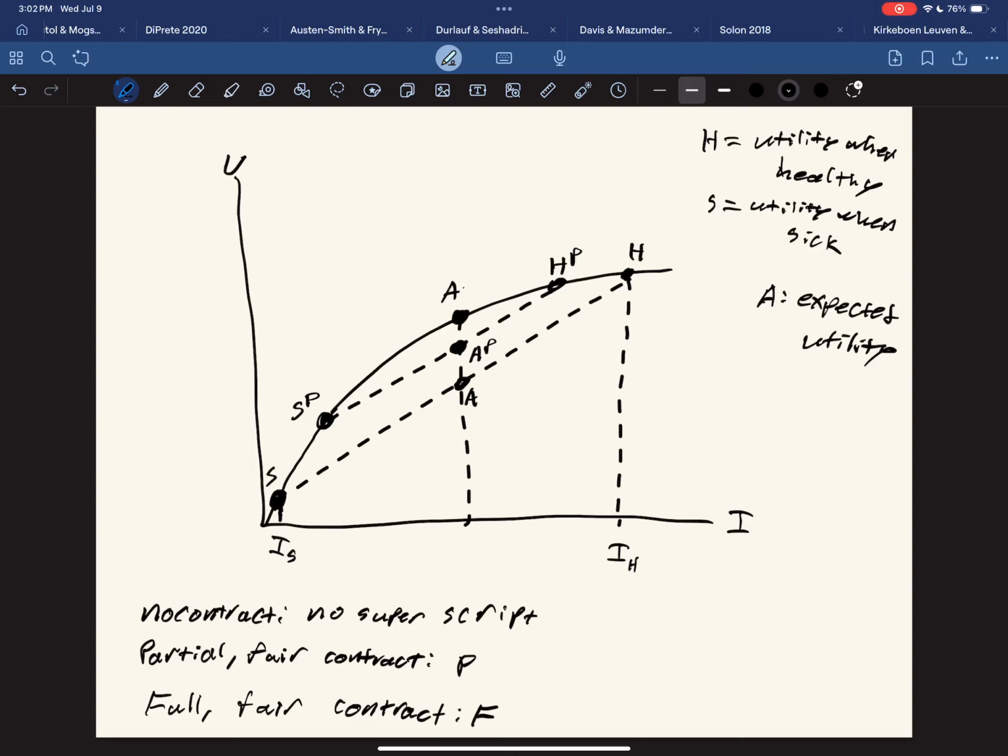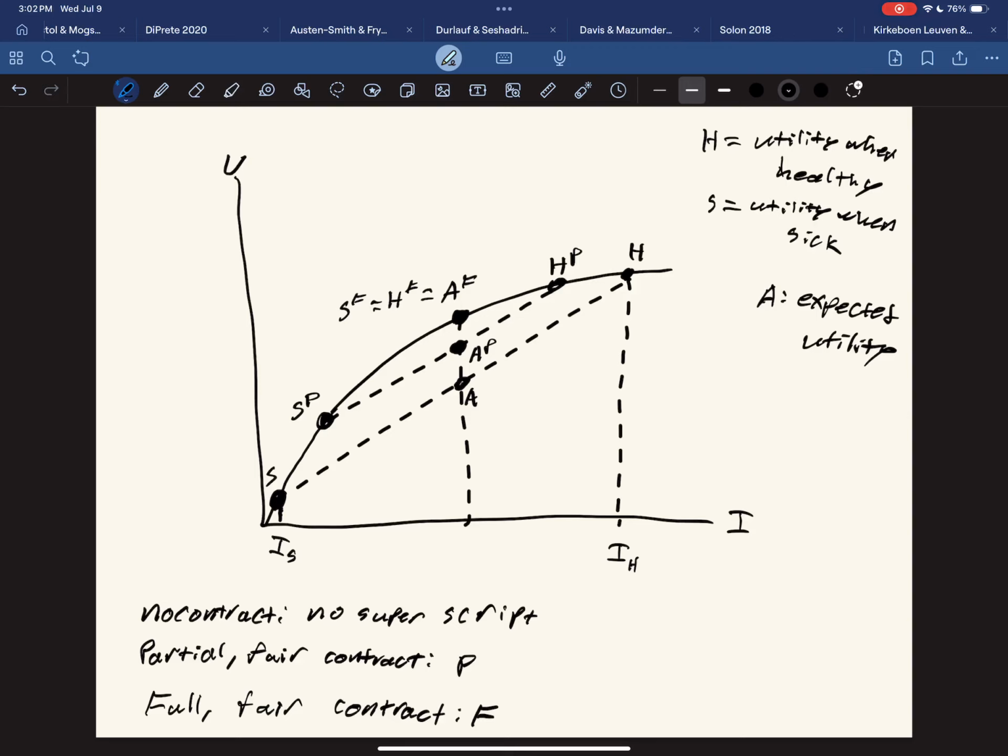It's A^F, my expected utility under a full insurance contract, which is equal to my utility in the sick state, which is also equal to my utility in the healthy state if my insurance contract is full.